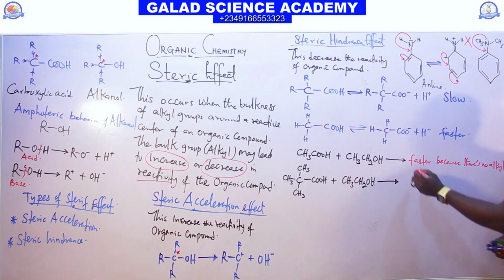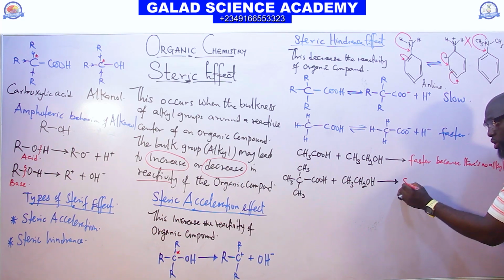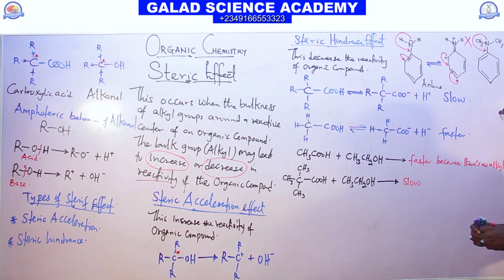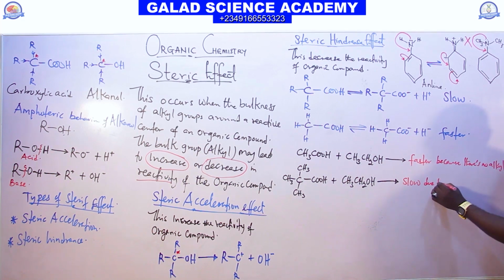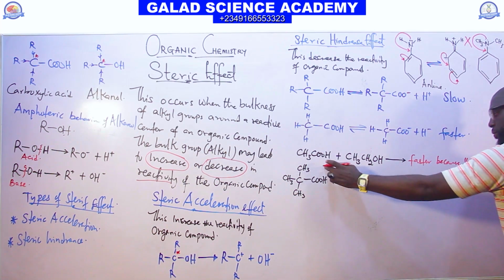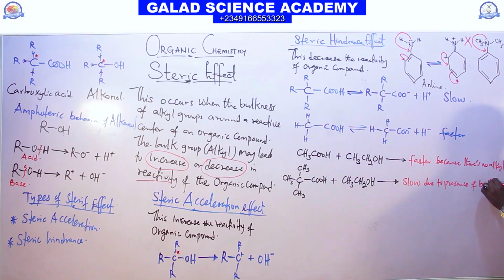And then what happens to this one? This one will be slow. What makes this reaction slow? Due to the presence of bulkiness of alkyl group in the acid.